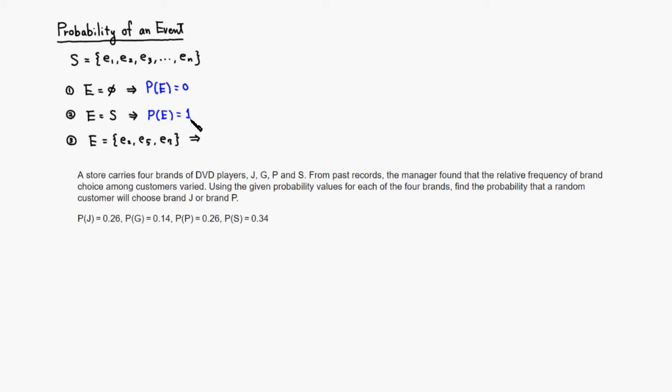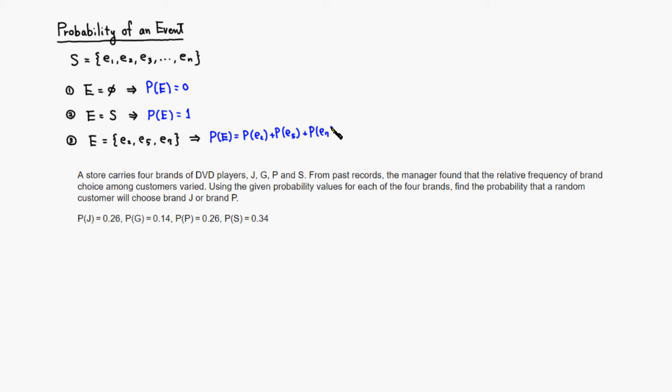Then if you have an event E, let's say it has outcomes E1, E2, E5, and E7, and you want to find the probability of this event, all you have to do is find the probability of E2 plus the probability of E5 and the probability of E7.